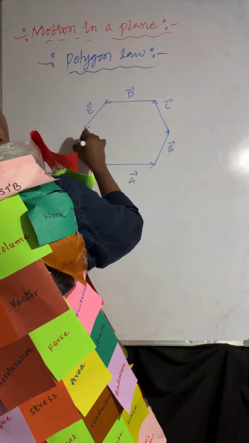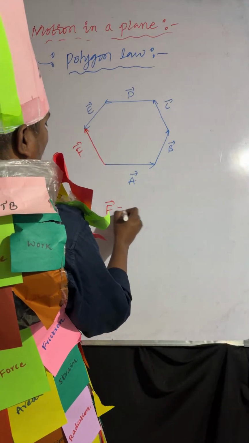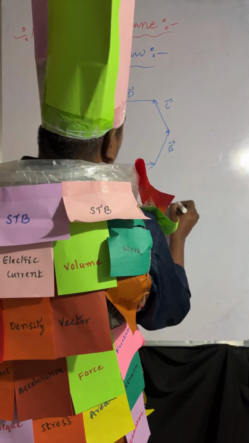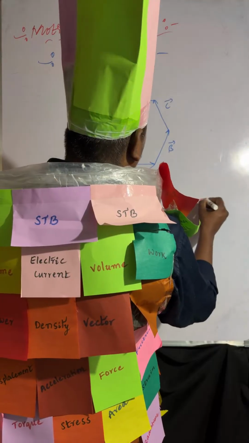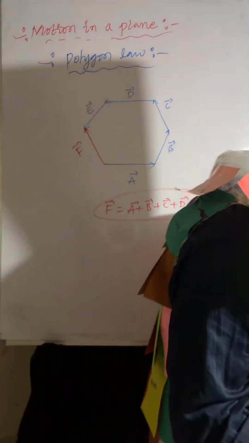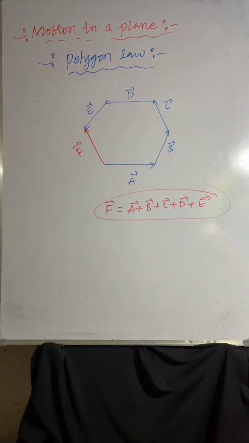So f bar equals a bar plus b bar plus c bar plus d bar plus e bar. Understood? That is the resultant. That is the polygon law of vectors.